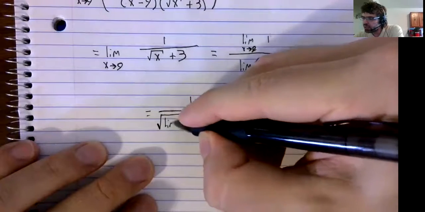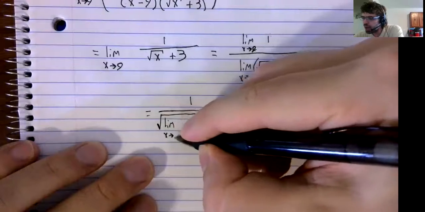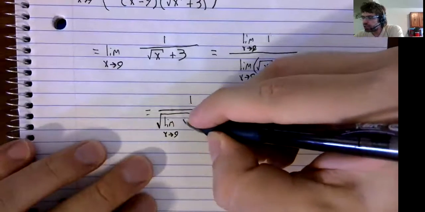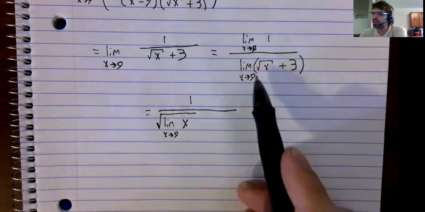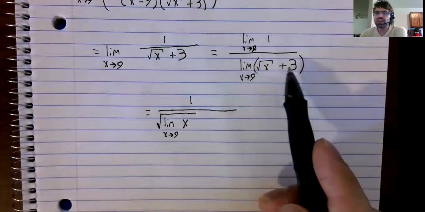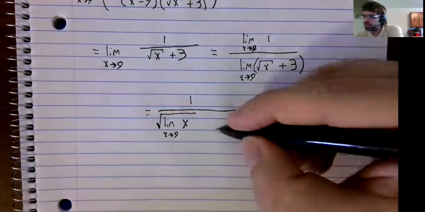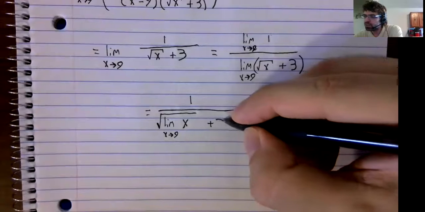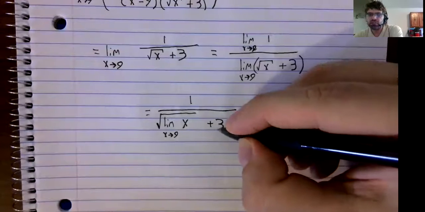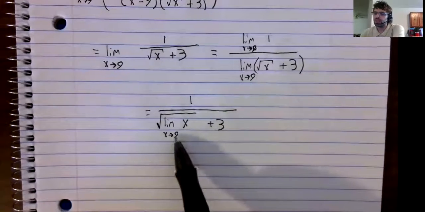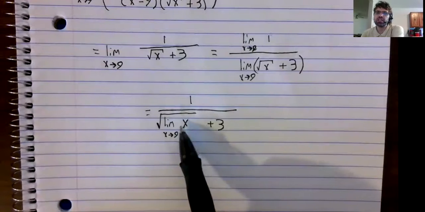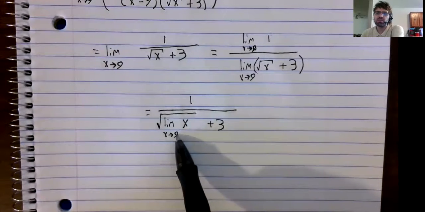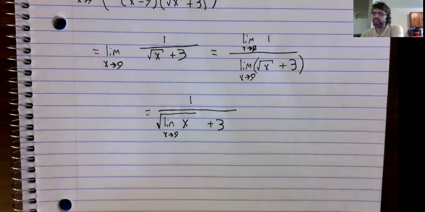That limit as x approaches 9 is going to wind up in the square root. The limit of 3 is going to be 3. This limit of the identity function is taken by plugging 9 in.